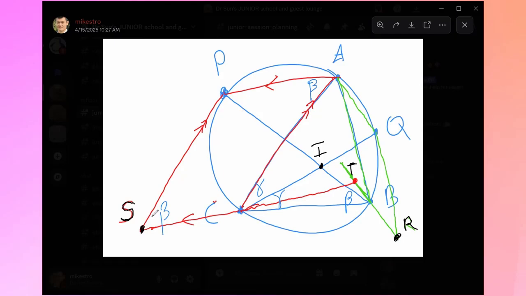Okay, and then this is 2 gamma. If you didn't do this on this side, you could just do it again on this side, right? It's the same thing on the other side. So here you have gamma. This is gamma. And then you know that this is 180 minus 2 gamma minus 2 beta.